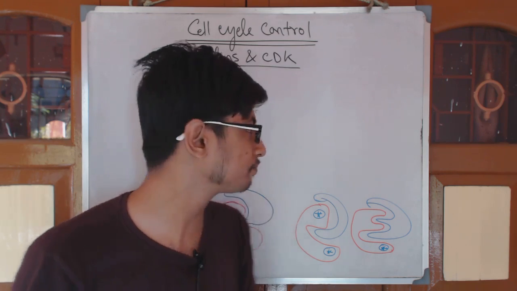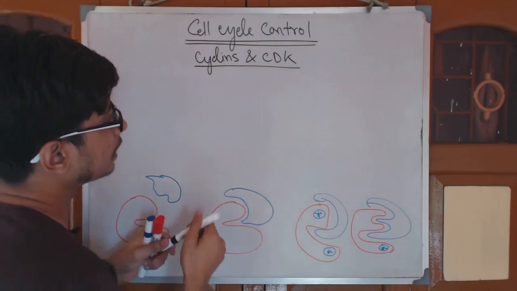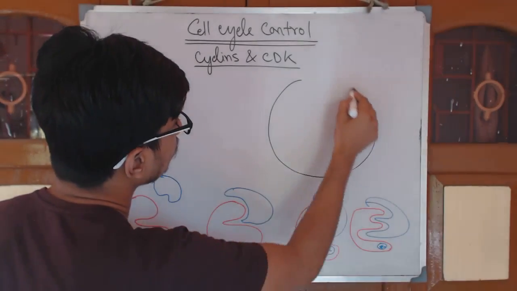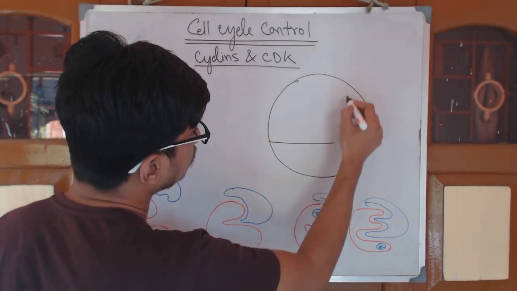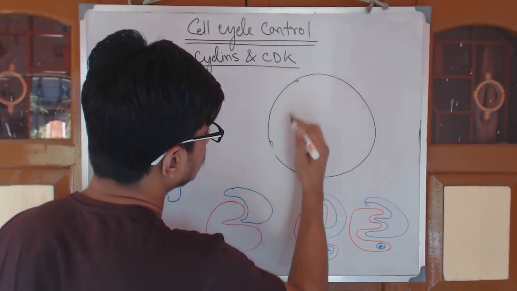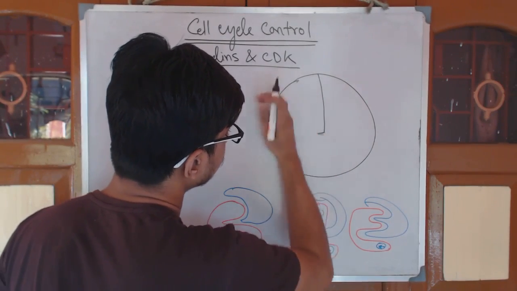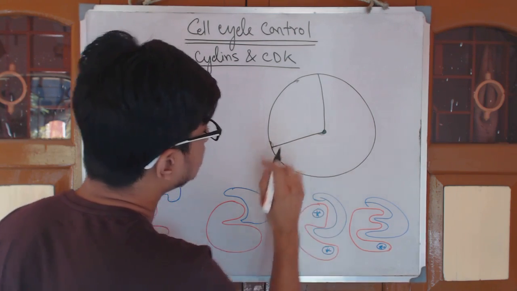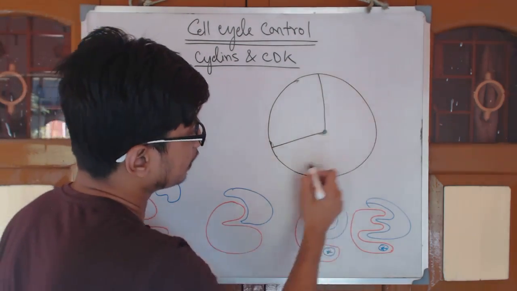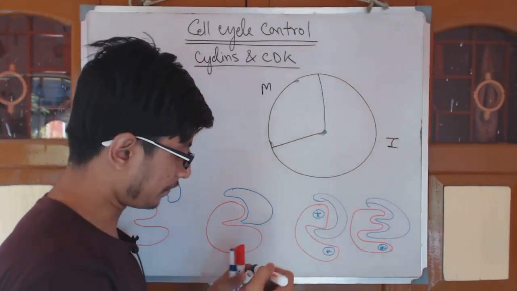Now if I talk about the cell cycle as a whole, let me draw the image again. This is the cell cycle. Let's say this is the interphase and this is the mitotic phase, M phase, and this is the whole interphase.